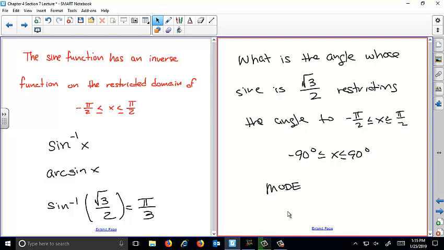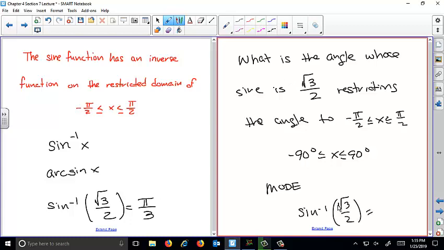So if I plug this into my calculator, I'd say inverse sine of the square root of 3 over 2. I had it in degrees, so that did come out exactly 60 degrees.